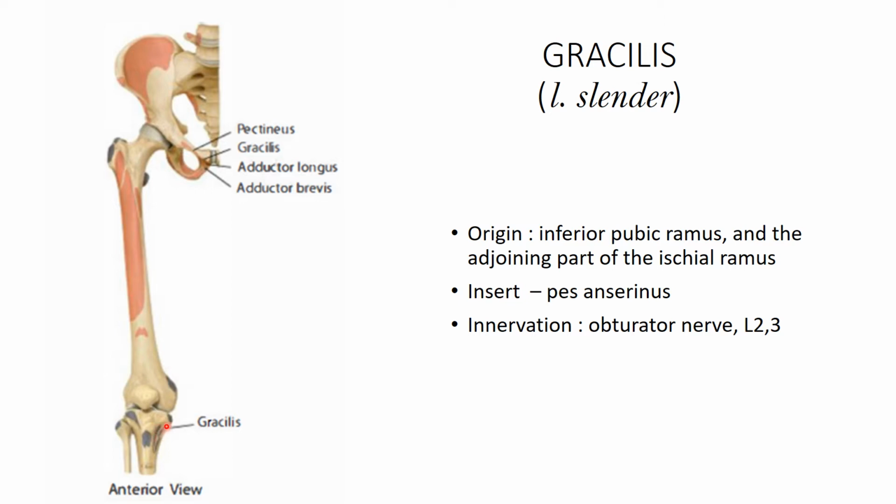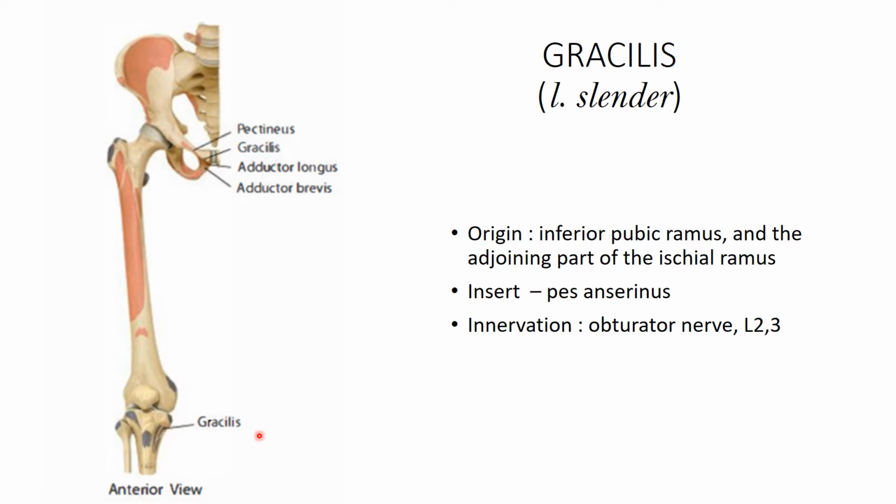This is the portion lying in the upper part of the medial surface of the tibia, just below the medial condyle, known as the pes anserinus. The insertion is behind the insertion of the sartorius and in front of the insertion of the semitendinosus.